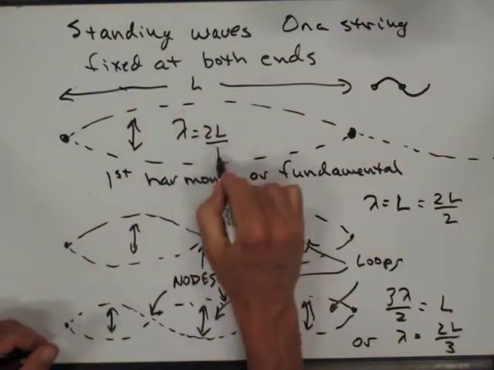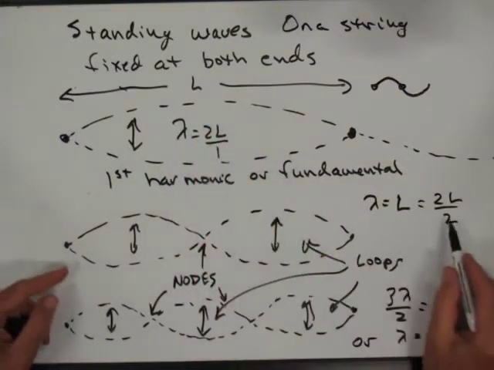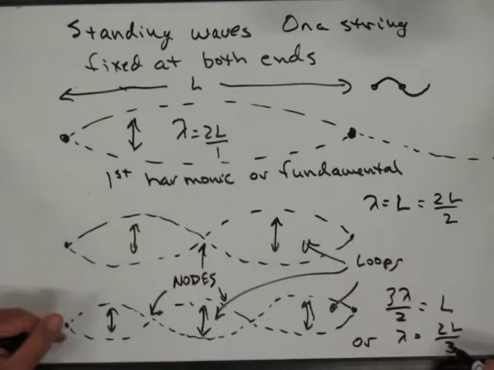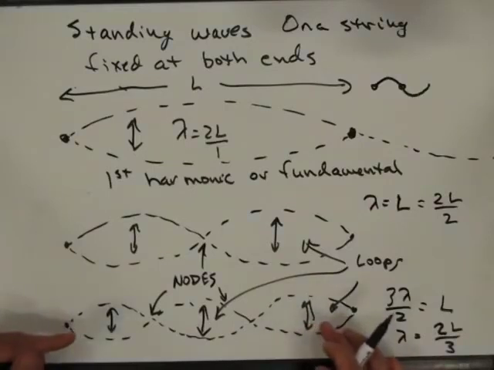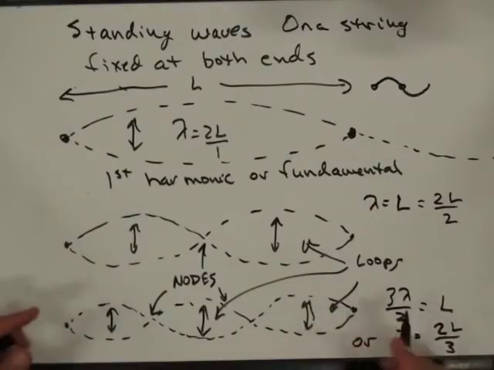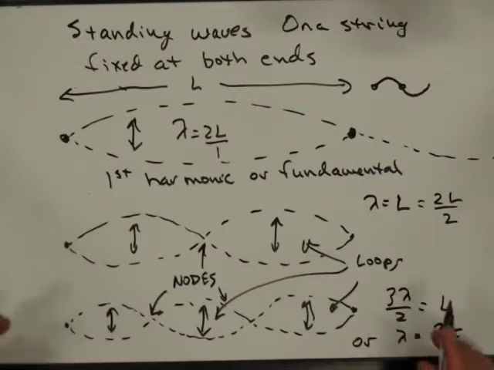The next one is 2L over 3, and you can probably guess that when it's got 4 loops in there, it's 2L over 4, and so on. And so this tells you what the allowed wavelengths are for standing waves on a string, right?